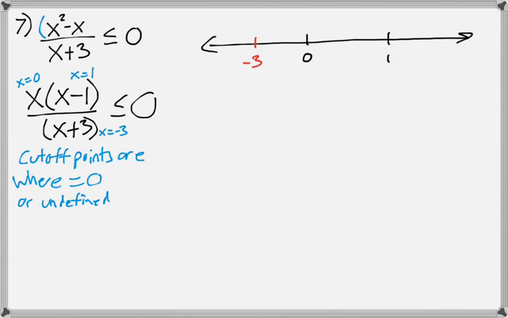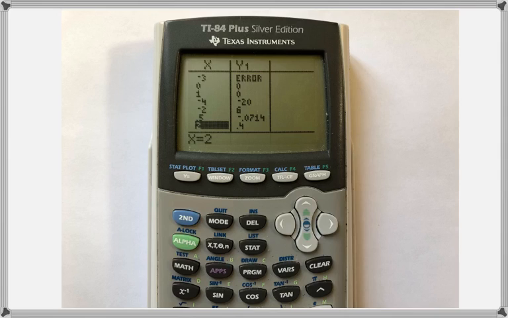Make sure to put parentheses around your numerator and your denominator, and then type this into y1. And then if you look at your cutoff points, you do get 0 and 0 and then an error. So that is good because that means it's an undefined cutoff point and it should register as an error.